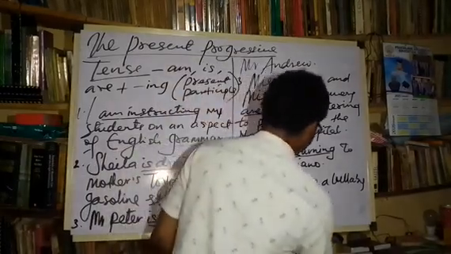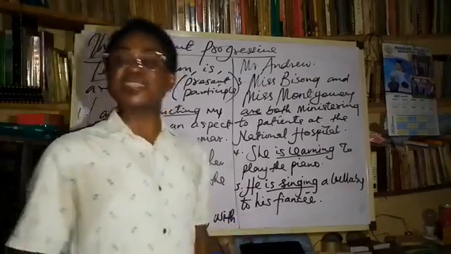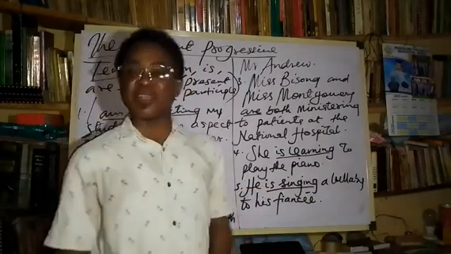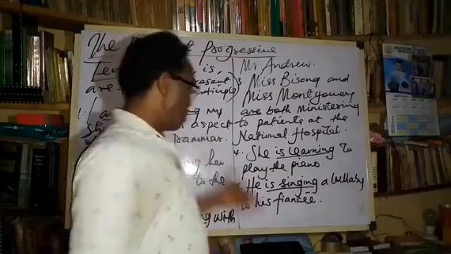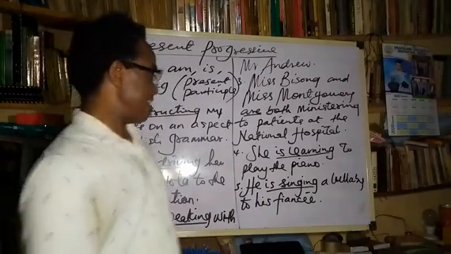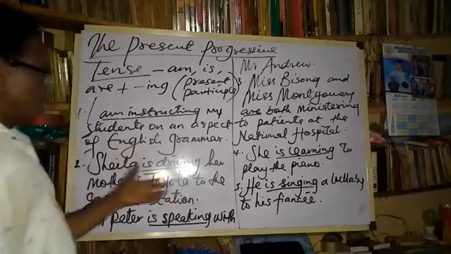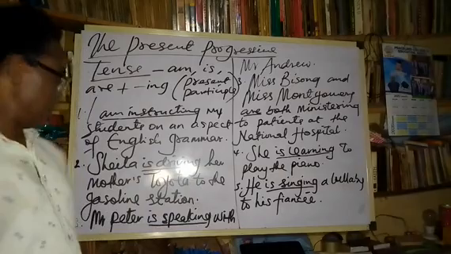He is singing a lullaby to his fiancée. Mr. Peter is singing a lullaby to his fiancée. Sheila is learning to play the piano. Sheila is driving her mother's Toyota to the gasoline station.